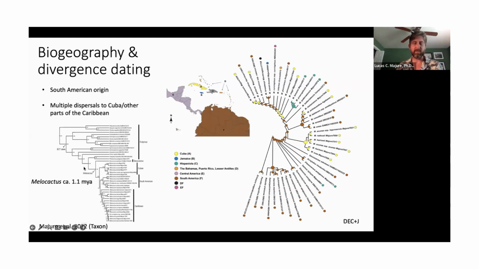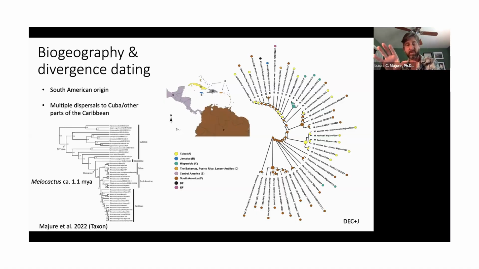We also recover a super young age for the genus Melocactus as a whole, about 1.1 million years. And again, there's a little bit of error that's associated with these estimates that we make, and so maybe it's 1.1 million years plus or minus 500,000 years, something like that. But that's still suggesting a very, very young age for this group, and that's Melocactus as a whole.